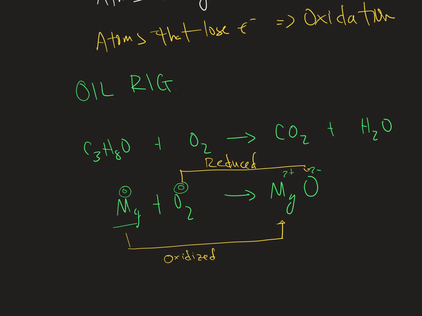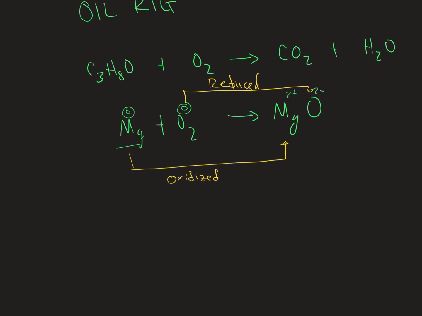Because maybe not with magnesium, maybe with iron, right? So that's cool, but for ionic compounds, it's pretty straightforward. We all kind of made sense of what I did there, did we? I started with 0 charge, and we ended up with a charge, okay?